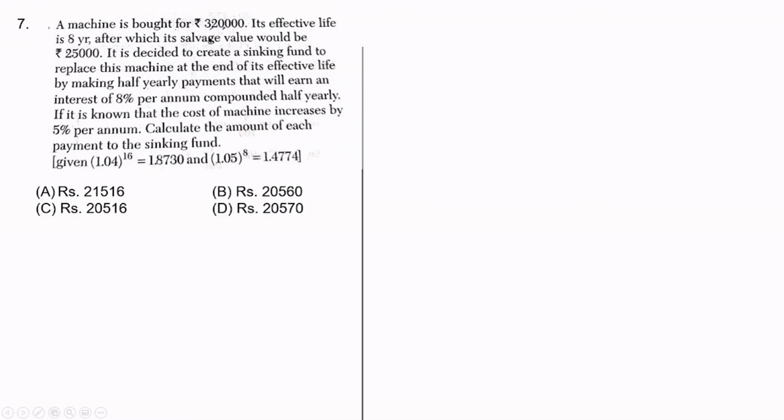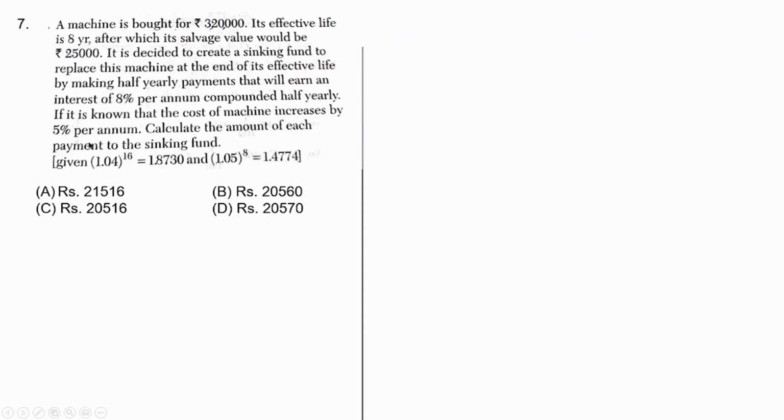So here we can see that a machine is bought for 3,20,000 and its effective life is 8 years. Its salvage value would be rupees 25,000. It should be replaced after 8 years. So a sinking fund is set up that will earn interest of 8% per annum compounded half yearly. And it is also said the cost of the machine increases by 5% per annum.